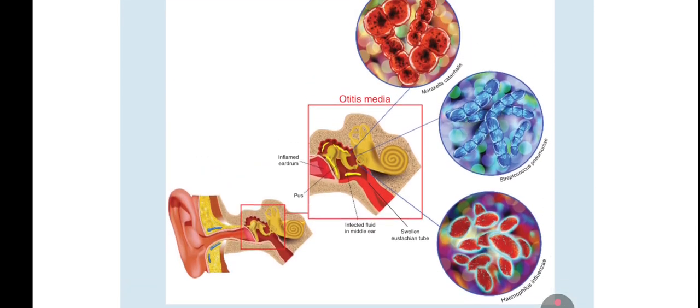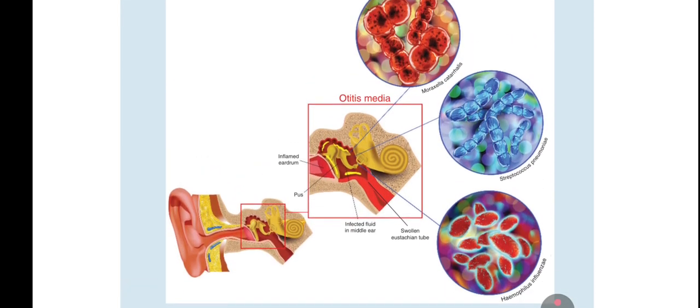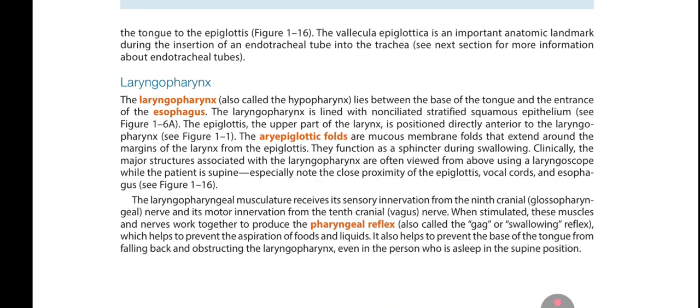Then here's our eustachian tube. We also have the vallecula epiglottica, which is an important site for intubation. So later we will see an illustration of vallecula epiglottica.